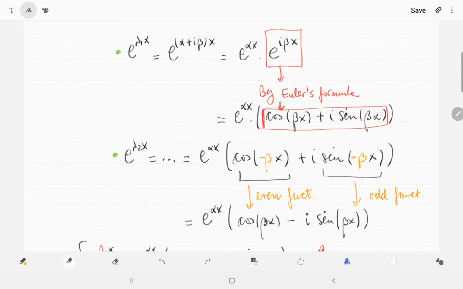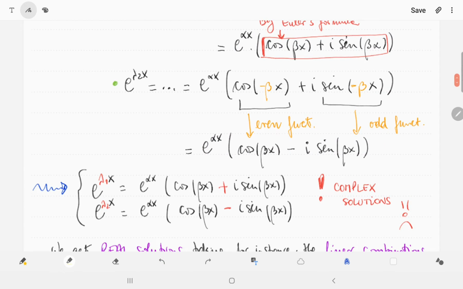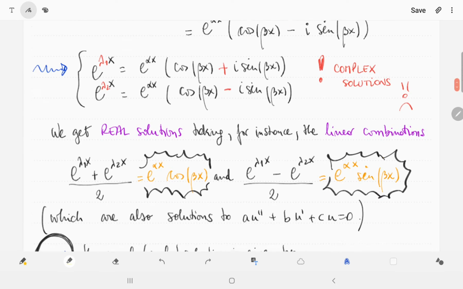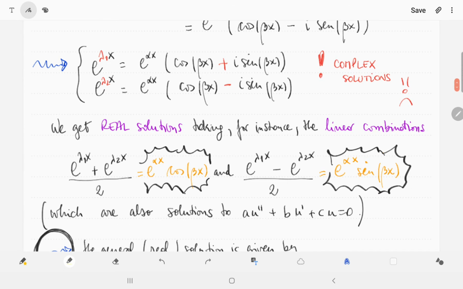Now, let's see if you remember, we have these two solutions and any linear combination between these two is also a solution because we are working with homogeneous linear ODEs. So, as I said, we don't want complex solutions, we want real solutions. But using these linear combinations, we can get two real solutions.